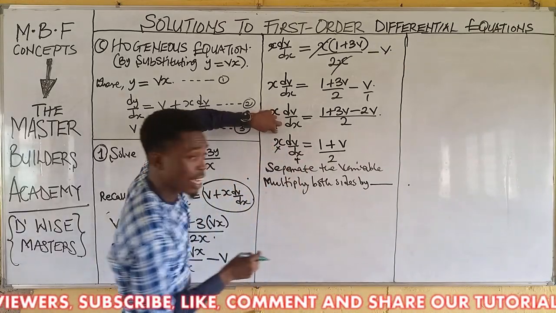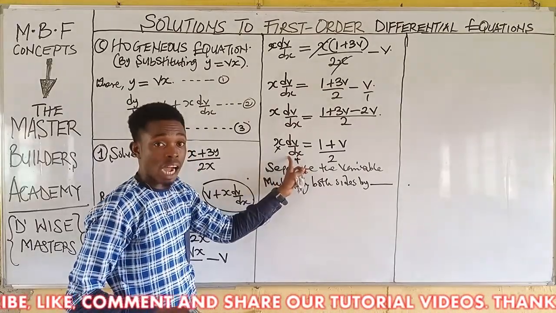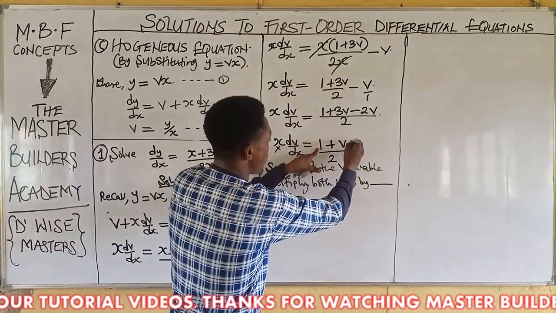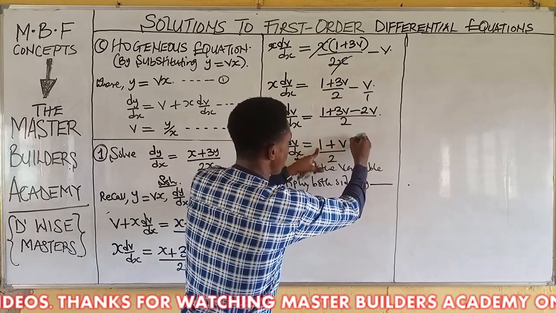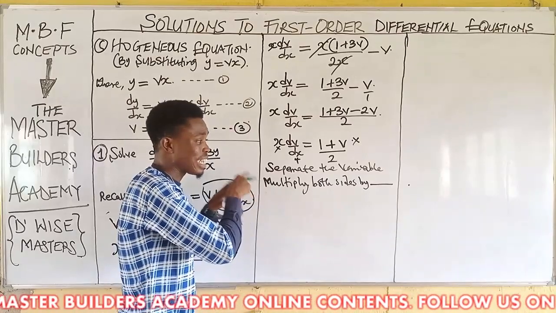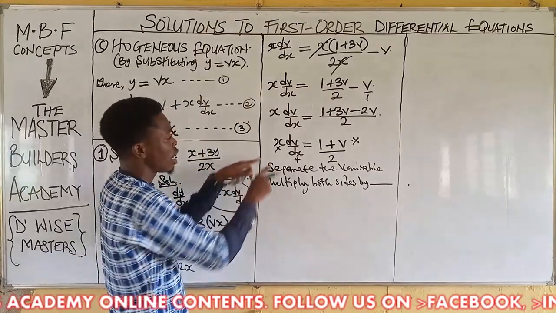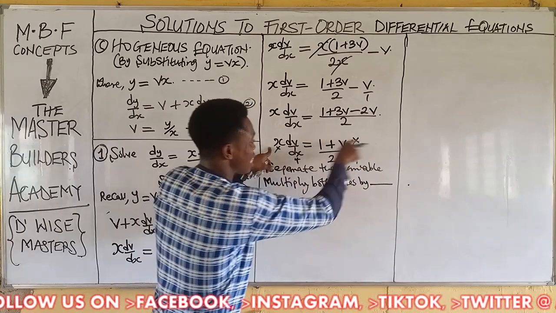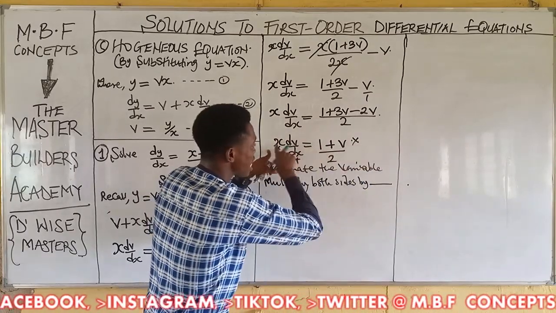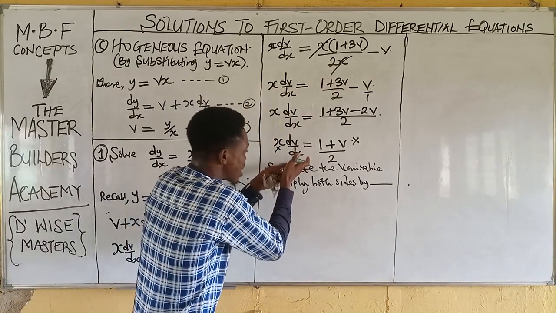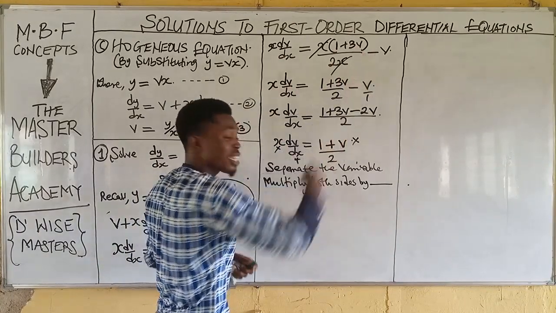Now understand that this x is at the numerator. This other one now is at the denominator. Are you there? Now this 1 plus v at the numerator here is wrongly positioned because all v functions, we expect them to be at the right hand side. So what do I do? All I need to do is I will identify the functions here that are at the numerator, and I will put them at the denominator, while the ones at the denominator here, I will put them at the numerator.